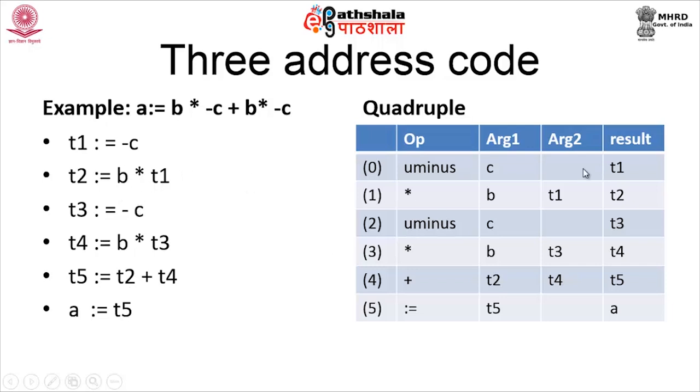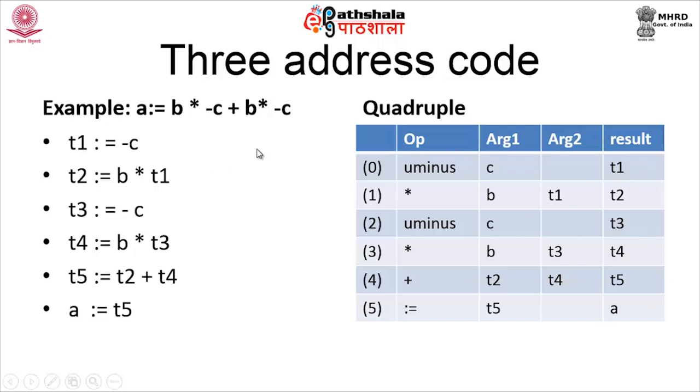So this has been represented in a quadruple representation, which basically has 4 fields, and this is the index field: 0, 1, 2, 3, 4, 5 is the index field referring to every row of the table. Now it has 4 fields: operator, argument 1, argument 2 and result. If I have only one argument, argument 1 is filled, argument 2 is left empty, and the result, whatever you are computing, is put into the last component.